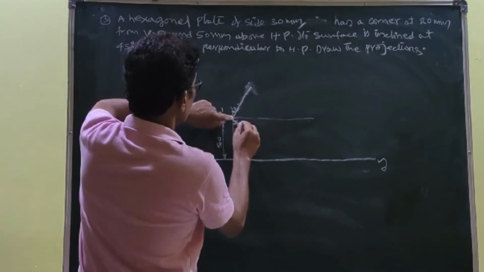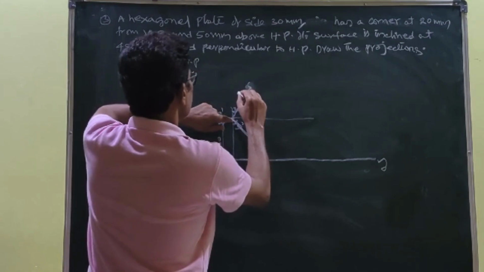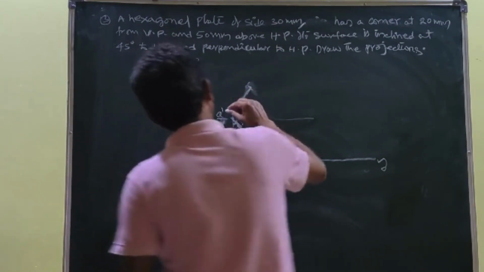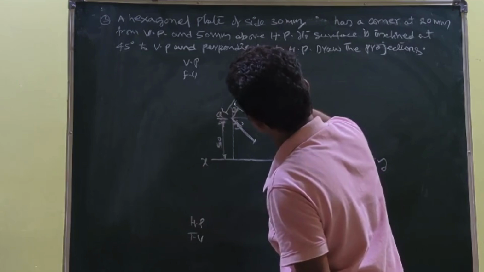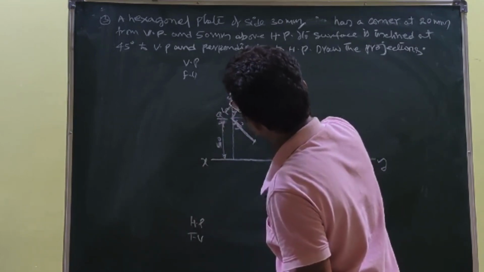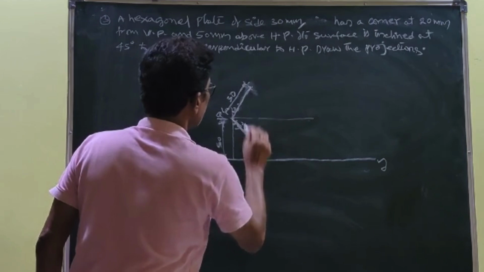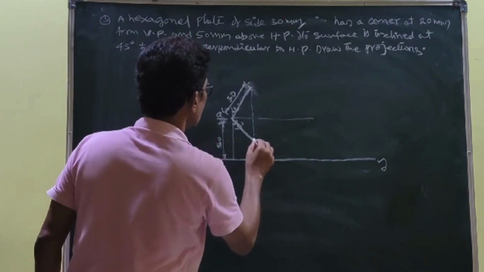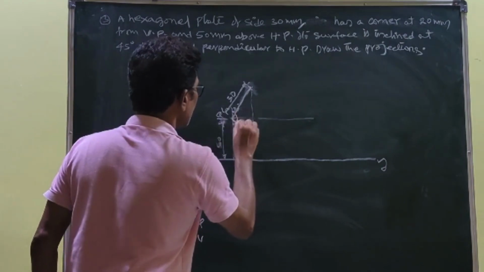Again, with A dash as a center, you cut it here. This is the 30. Obviously, they are falling in the same line. If you measure this one, this is 120 degrees.